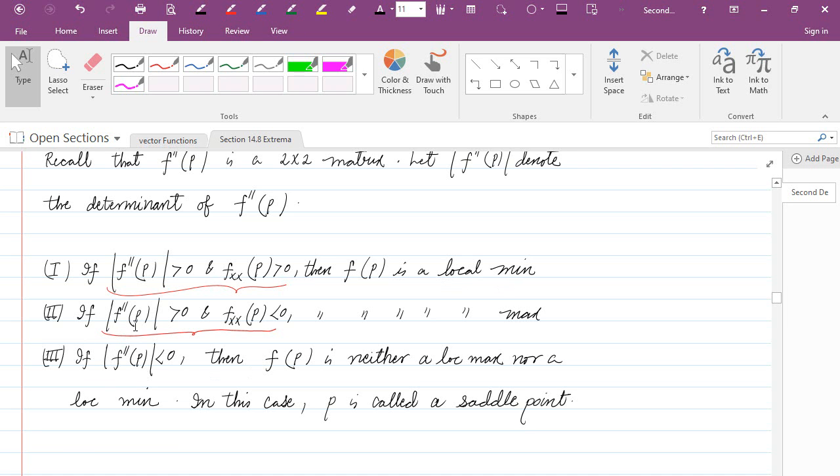If the discriminant is positive and the fxx at P is negative, then f of P is a local max. If the discriminant is negative, then f of P is neither a local max nor a local min, in which case P is a saddle point.